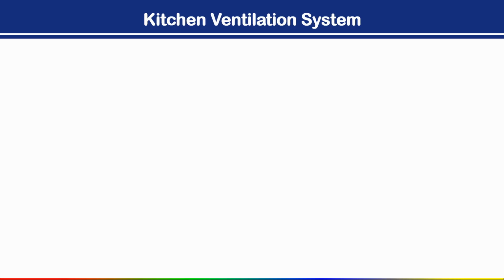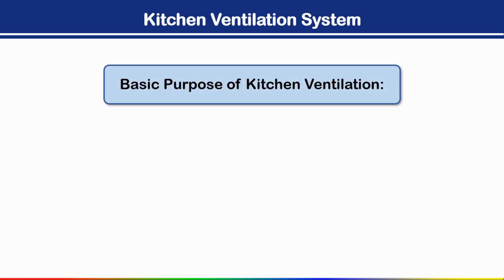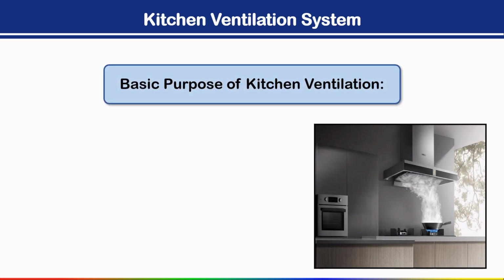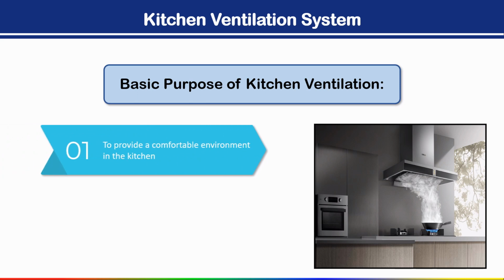Now see about kitchen ventilation system. Now anyone tell me what is the basic purpose of kitchen ventilation system? Why are we providing ventilation in kitchen? So the basic purpose of kitchen ventilation system is to provide a comfortable environment in the kitchen.